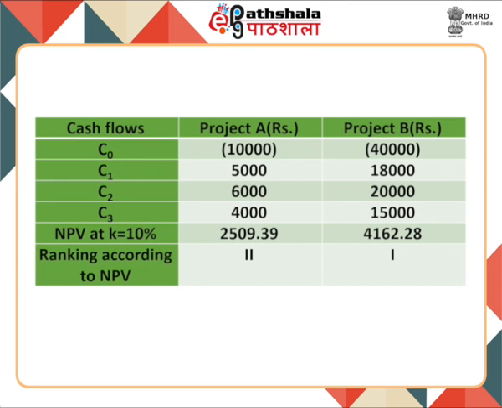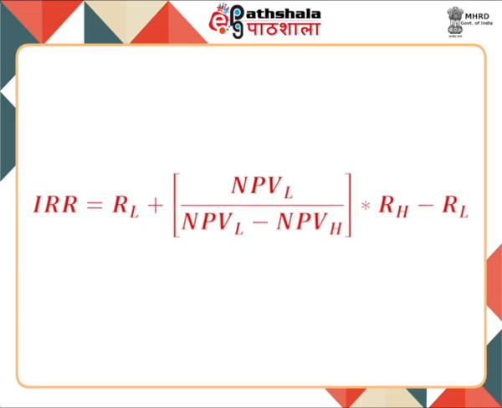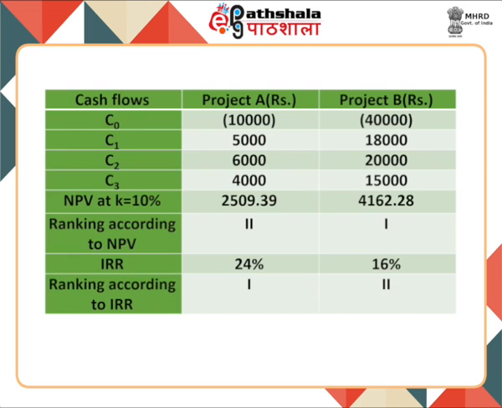NPV comes out to be 2,509.39 for project A and 4,162.28 for project B. Similarly, by using the formula of internal rate of return, which is equal to RL plus NPVL divided by (NPVL minus NPVH) into (RH minus RL), we can compute the internal rate of return.